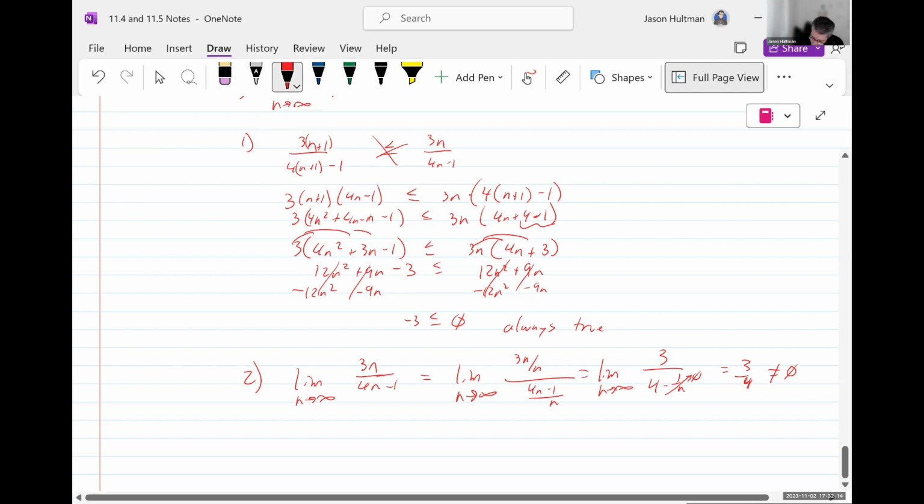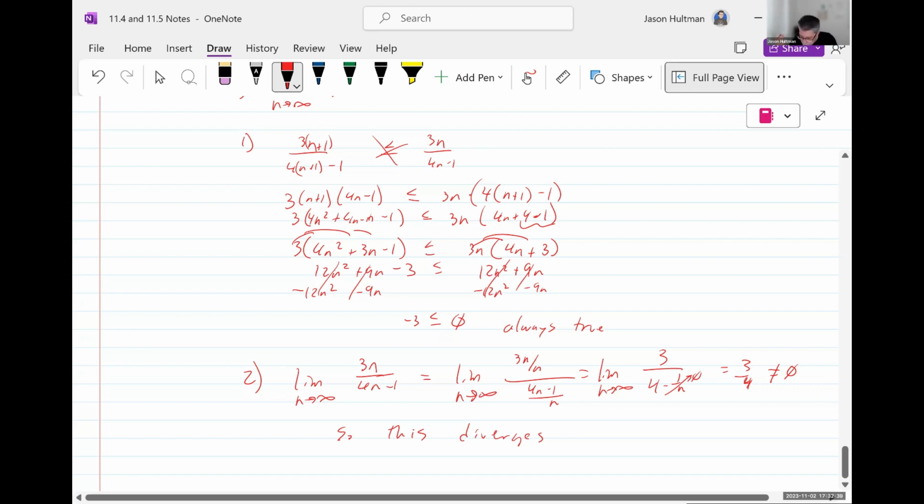And so this actually diverges. It doesn't diverge by the alternating series test. The alternating series test is a test for convergence.